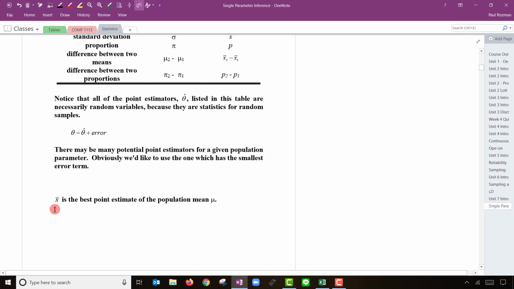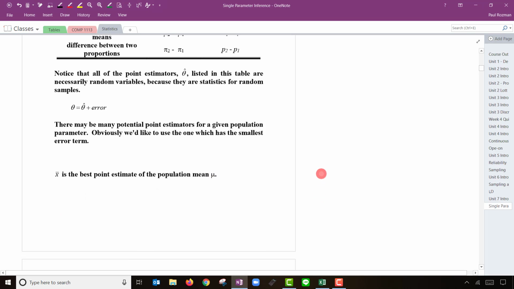It turns out that it is the best point estimate for mu. It's kind of hard to evaluate what best means. It has to be typically unbiased and have properties like, as you increase the sample size, you tend to approximate the value of the population more and more accurately.